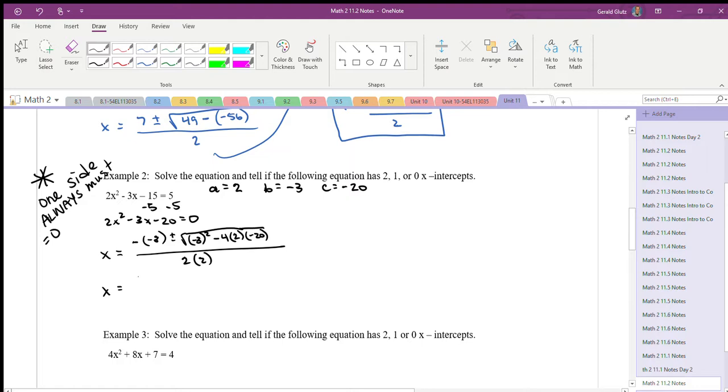Negative negative becomes a positive, so positive 3 plus or minus the square root of negative 3 squared is 9, minus 4 times 2 is 8, 8 times negative 20 is negative 160, all divided by 4.